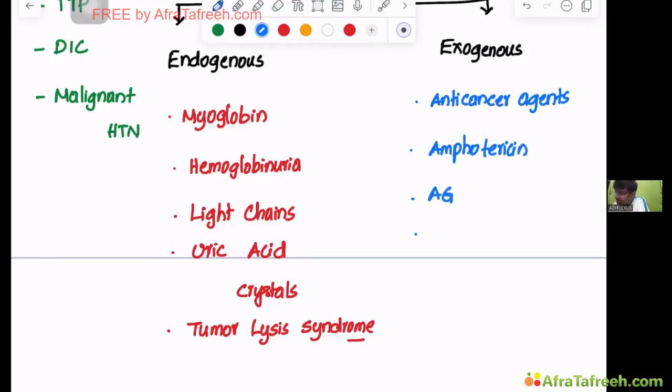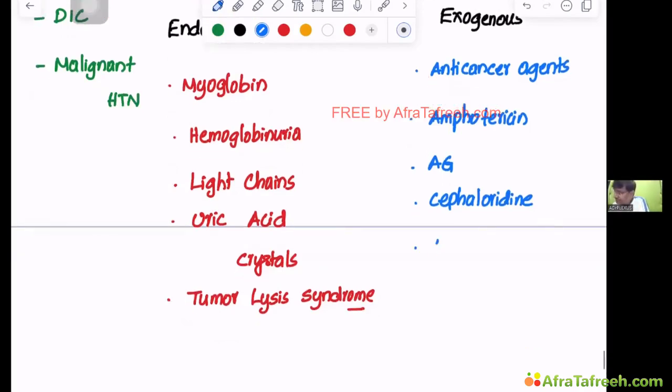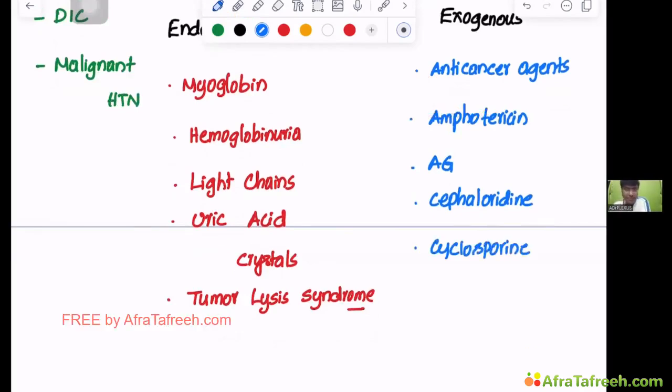Aminoglycosides can cause acute tubular necrosis. Another important antibiotic is cephaloridine, that can cause acute tubular necrosis. And calcineurin inhibitor, that is cyclosporin, can cause acute tubular necrosis. Then we have the anti-neoplastic drugs or anti-cancer agents, that is cisplatin, that can cause acute tubular necrosis.